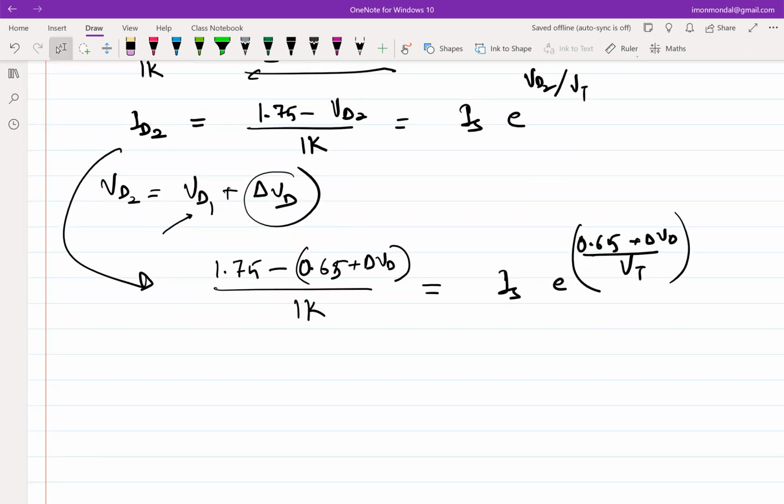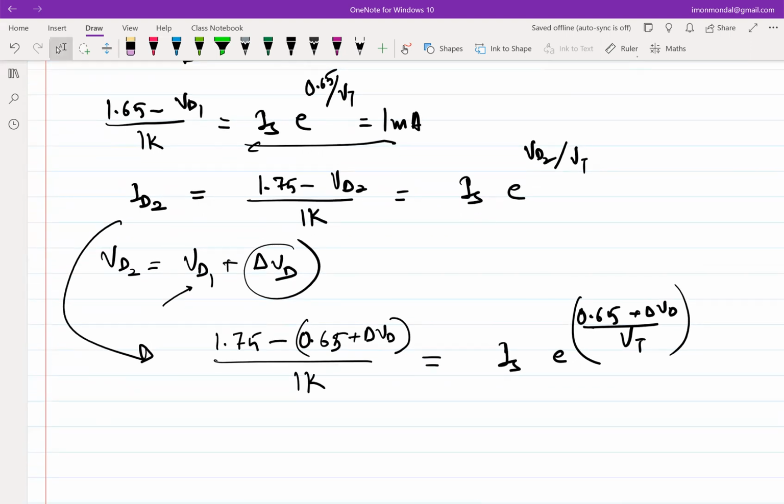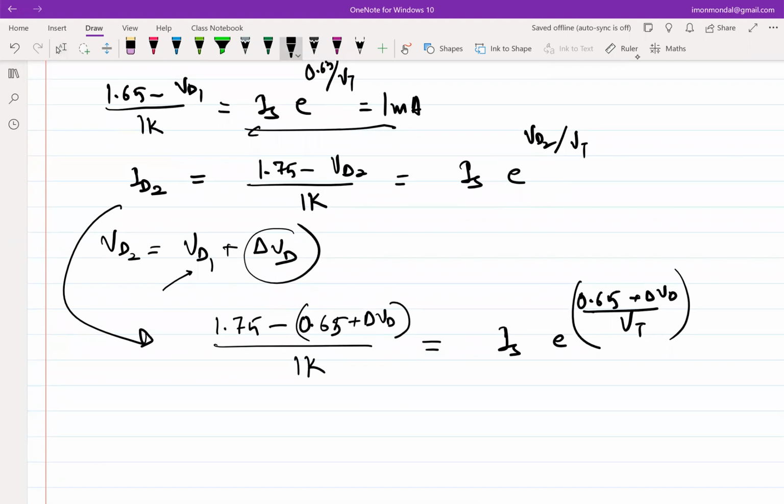Here it was 0.65 because VD1 was 0.65. So I replace the value of IS from equation 1 in equation 2.